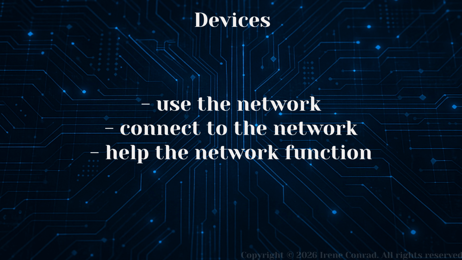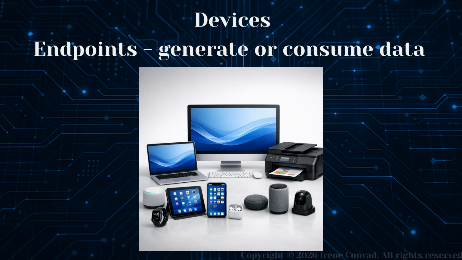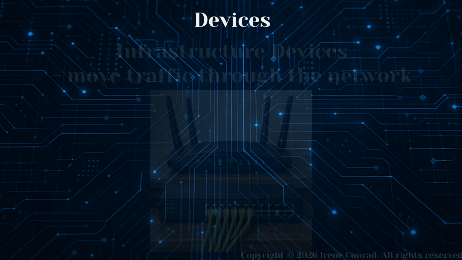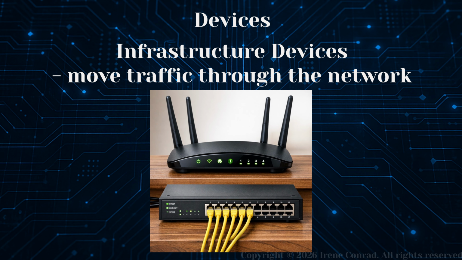Let's start with devices. Devices are the things that use the network, connect to the network, or help the network function. Some devices are endpoints, like laptops, desktop computers, tablets, phones, printers, and smart devices. Other devices help move traffic, like routers and switches.